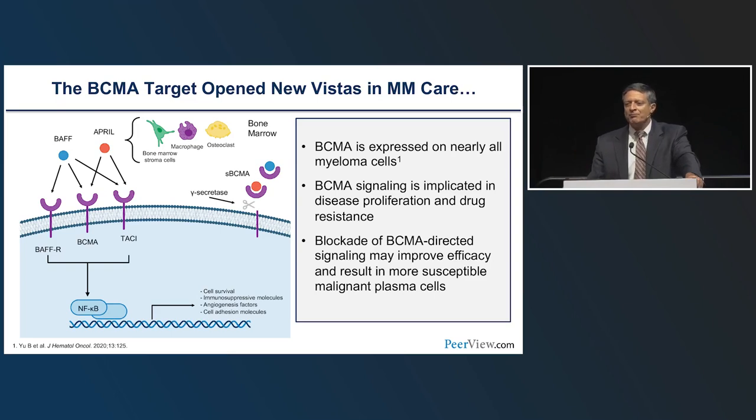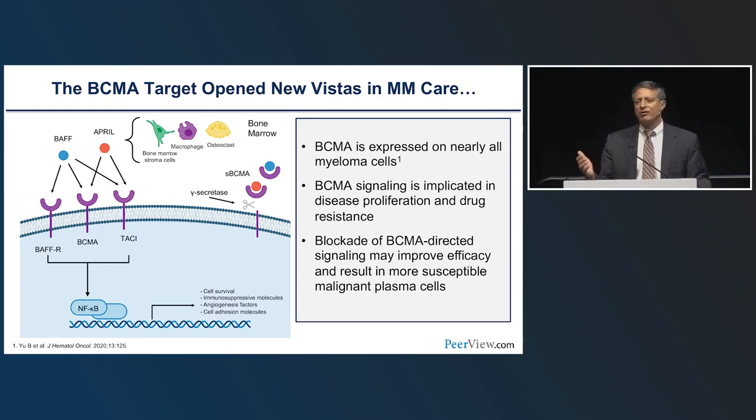So interfering with the BCMA axis, whether it's preventing binding with its ligands BAFF or APRIL, or simply binding BCMA and preventing it from doing anything else, can have a significant impact on plasma cell survival. Now, what we also know is that BCMA gives us an almost universal target on plasma cells that is different from other targets that we already have.